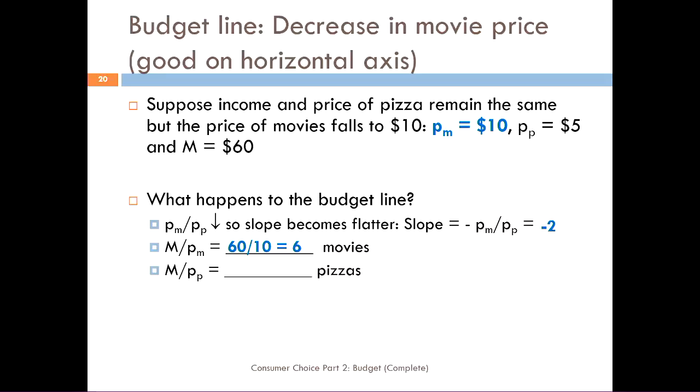Okay. What about the vertical intercept? Well, notice that your income hasn't changed, the price of pizzas hasn't changed, so the vertical intercept hasn't changed. You could buy 12 pizzas before if you spent all your money on pizzas. You could still buy 12 pizzas. Okay? So think about what happens here. The vertical intercept is the same, the horizontal intercept is higher, and the slope is flatter. So basically, the budget line just rotates out.